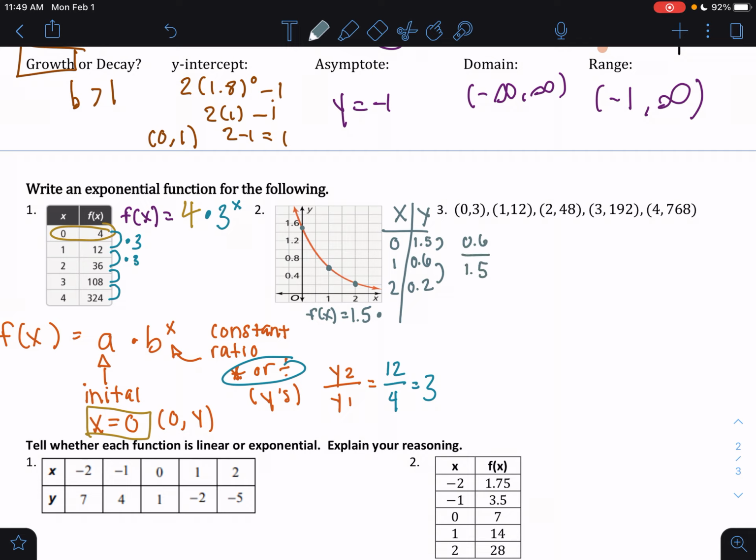And when I do that, I get 0.4. Or if you want to keep that in fraction form, it's 2/5. So either one will work. So I will do times 0.4 to the x. And that is my equation for this one.